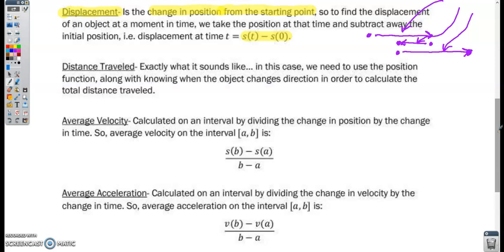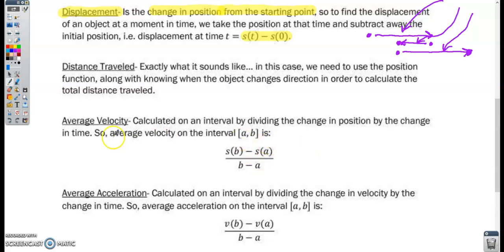Instantaneous rate of change for velocity is the instantaneous velocity that we found in the last video. The average rate of change is the average velocity. And so instead of using the derivative, we're going to take the position function at one end of an interval and at the other end of an interval, take the difference of those and the difference of the t-coordinates, and that gives us the average velocity.